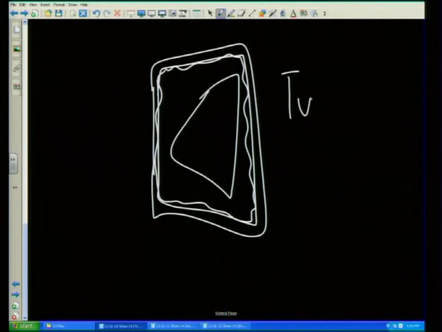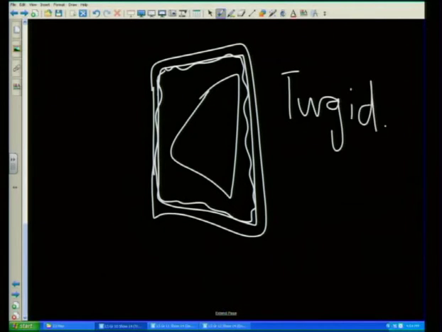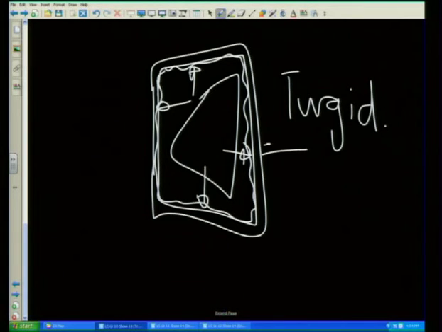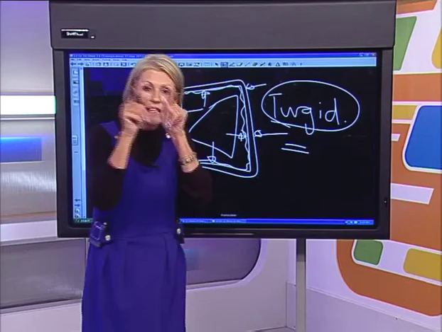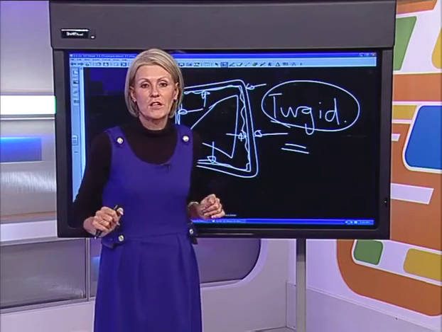When the cell is turgid, it means that the pressure from the inside and the contents pushing outwards is equal to the pressure of the cell wall pushing inwards on the contents of the cell. When that is equal, then the cell is turgid. We need water in the plant to give it structure.